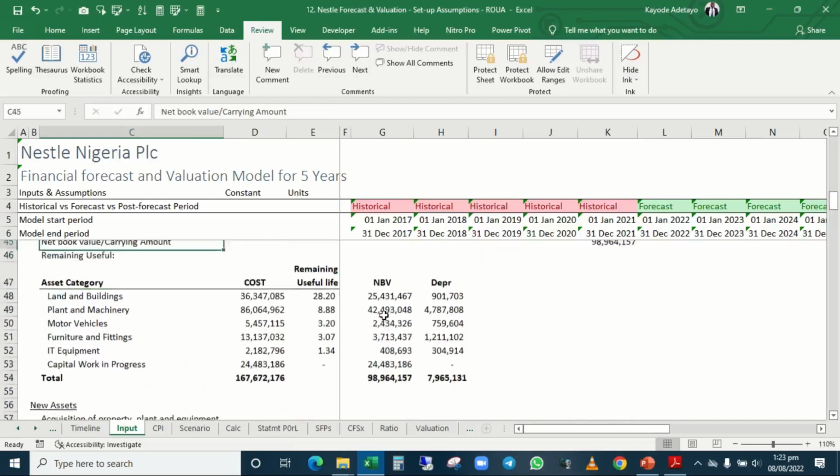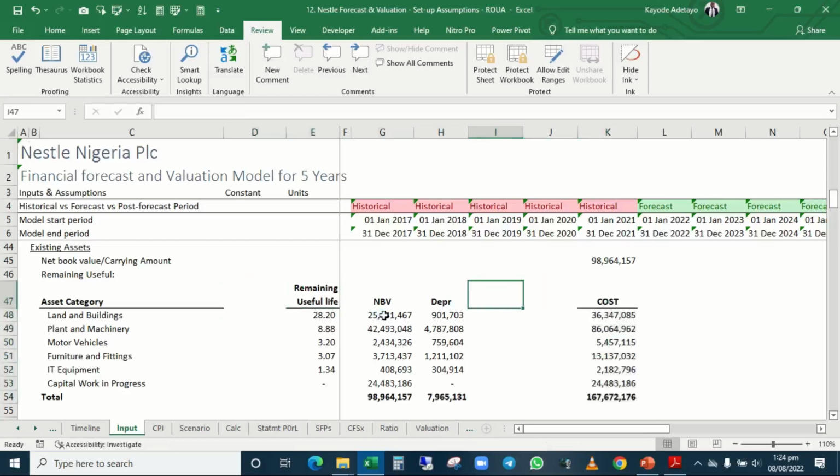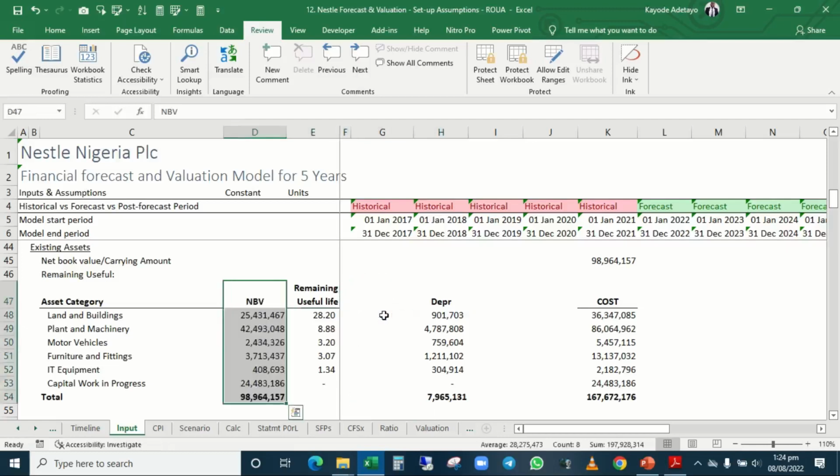I'm doing some cleaning up on the asset side. Under this area too, we need to do some movement like this. Cut, paste it here. What do we need? We need an MBV. Cut and paste it here.